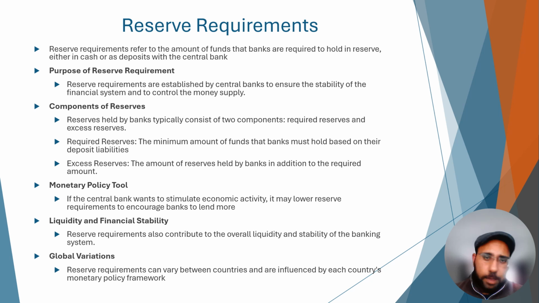So if, for example, the requirement was 10 million, and they decide to hold 12 million in reserve, they've got an additional 2 million, which is going to be considered as excess reserves. It does provide further confidence, but again, it is another way of banks controlling their own money supply as well.